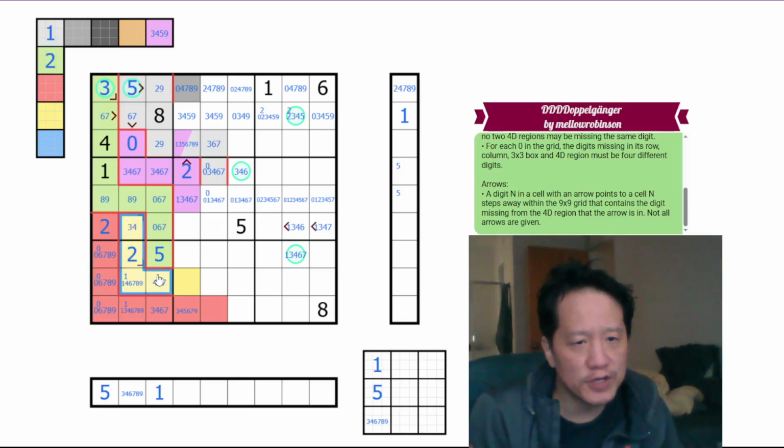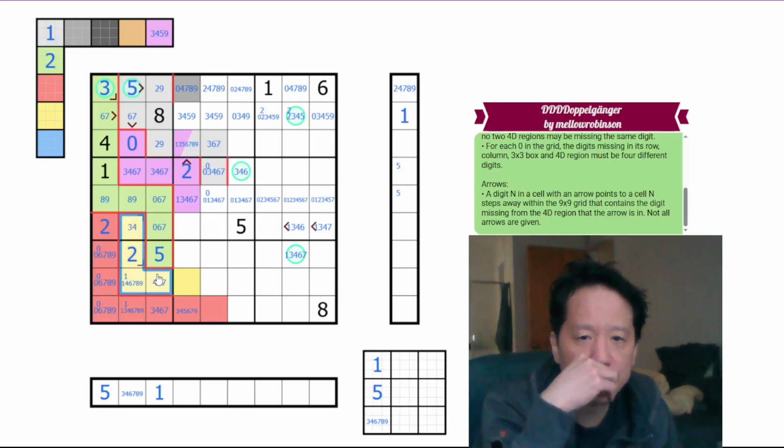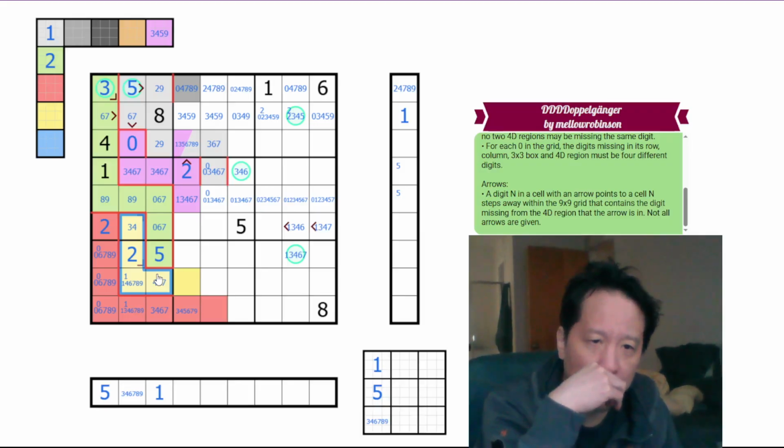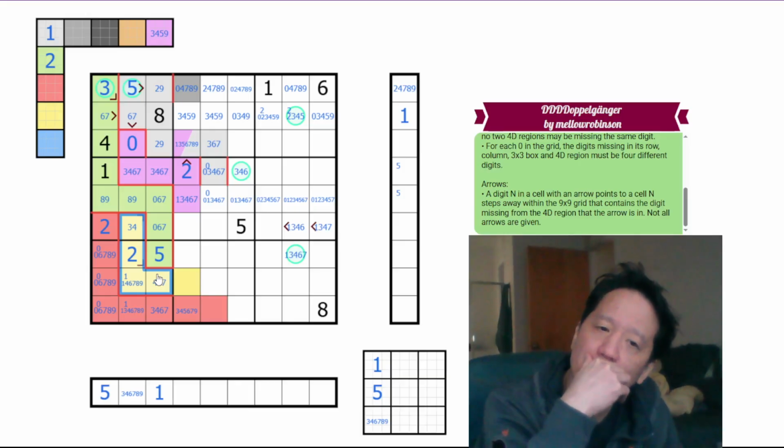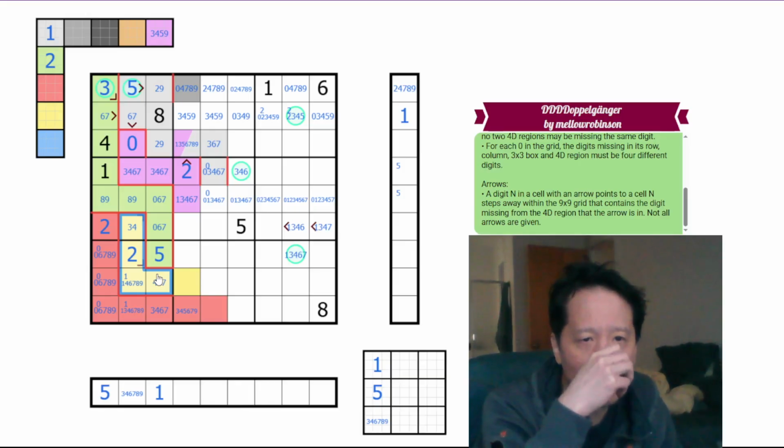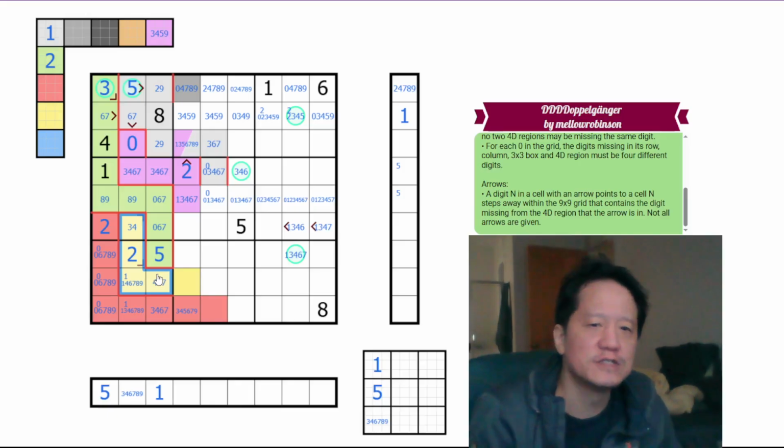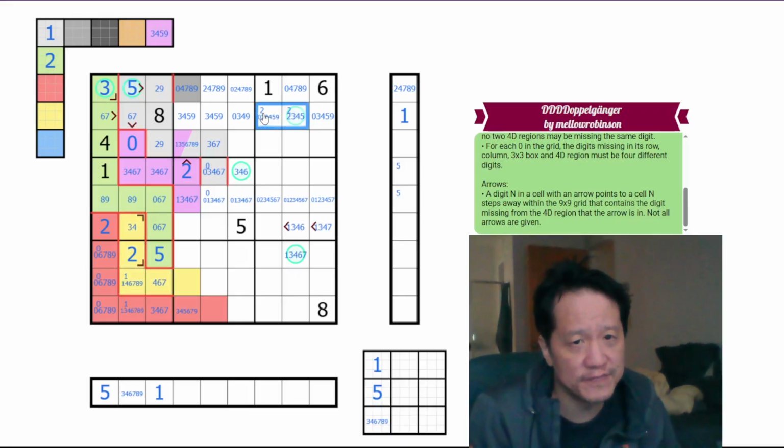We do need a 0 for yellow somewhere. So this is either 2 or it's 5. 2 through 5, I should say. This could be 1. Could go up there.